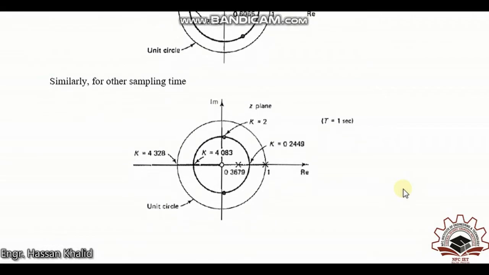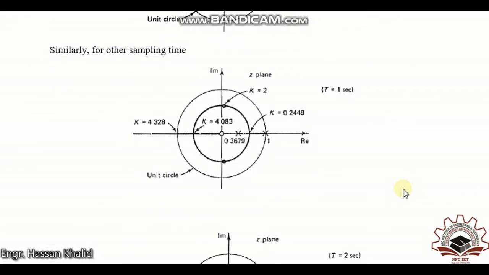Now if we perform the same steps and increase the sampling time to 1 second, you will realize that the diameter of the circle has now been reduced, and the value of K as well as the z's will be changed. So at T equal to 1, the K is equal to 0.2449, which is the break-in point, and the breakout point is K equal to 4.083.